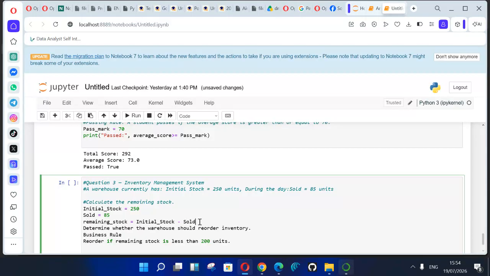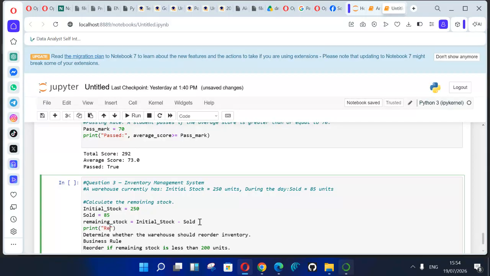Initial stock minus sold. So yeah, let's see. Let's print. Say remaining stock is going to be this.